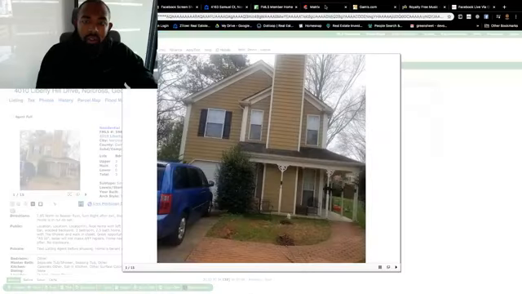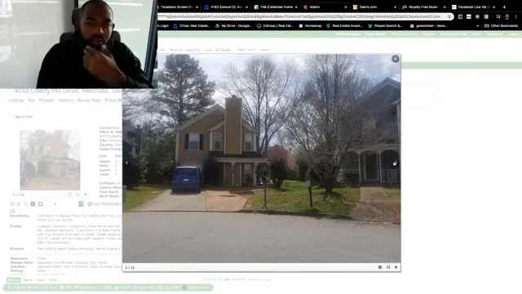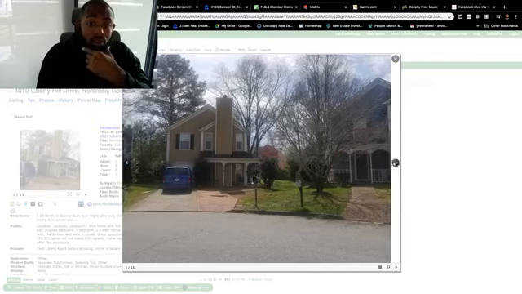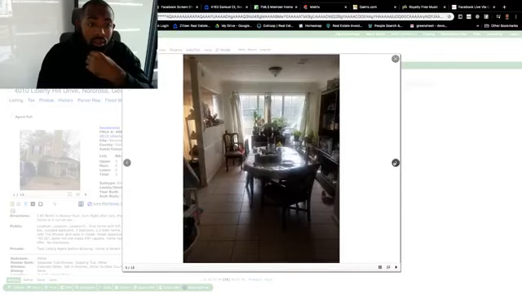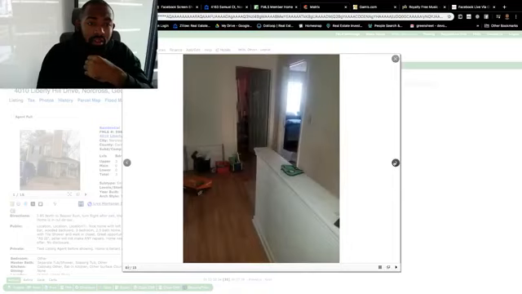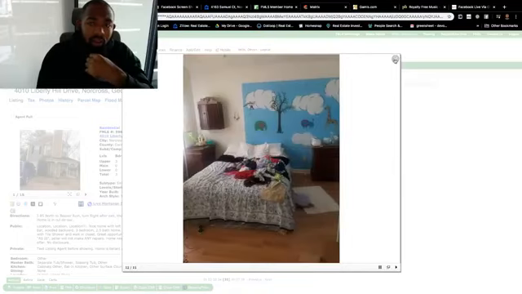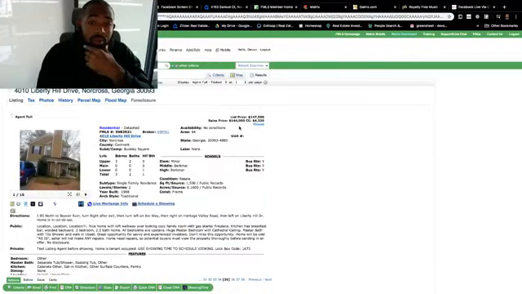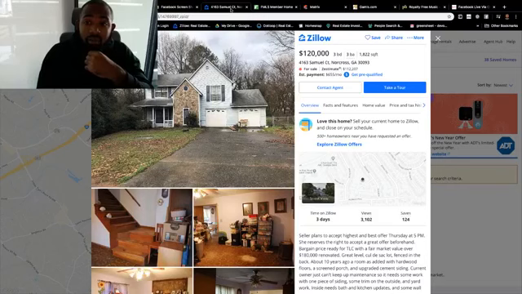We have a 1 car garage, so we subtract a little bit off the comparable since ours has 2 cars. It's about in the same condition. Wow. And that sold for 147. That's crazy. 1,500 square feet. I think ours is at about 1,800, so it's not too far fetched.